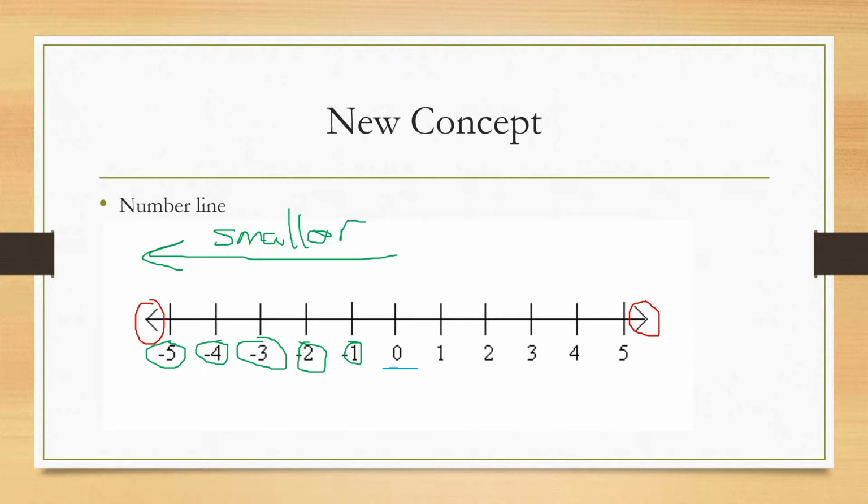Then in purple, I'll circle our positive numbers. And everything to the right of 0 is getting, you guessed it, bigger.